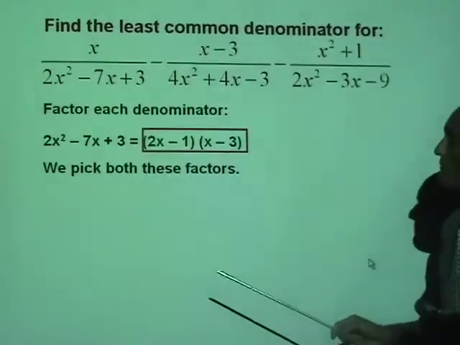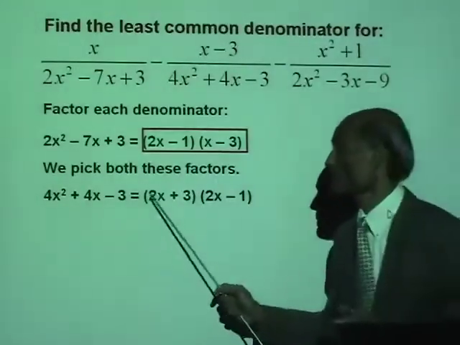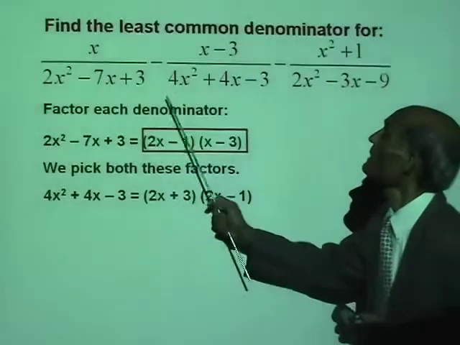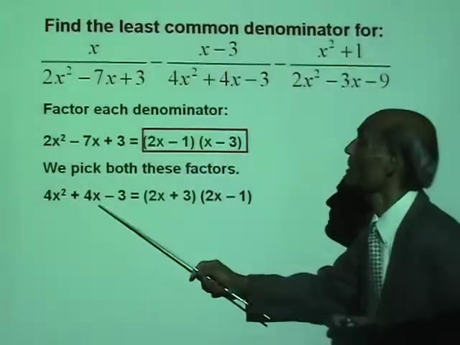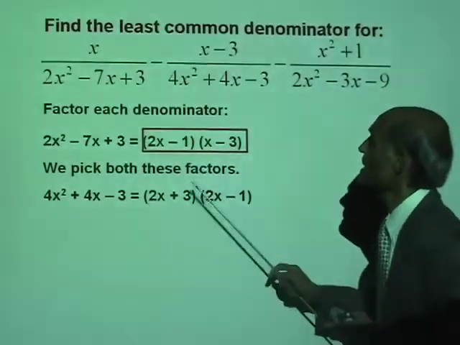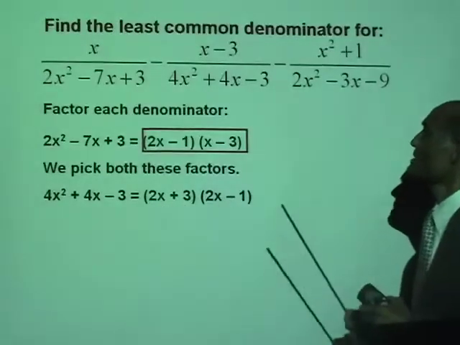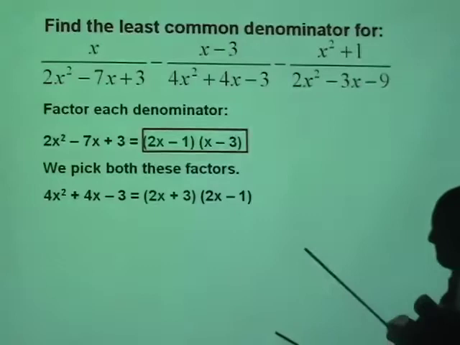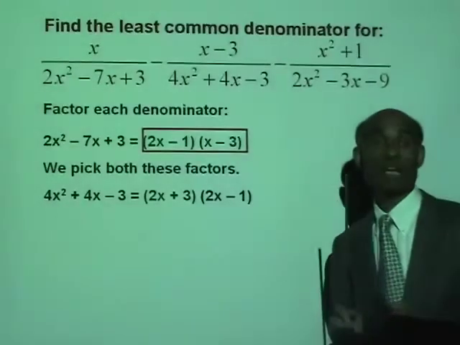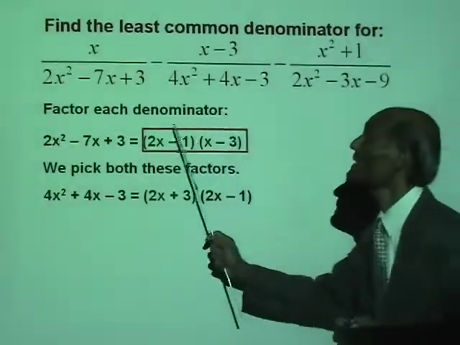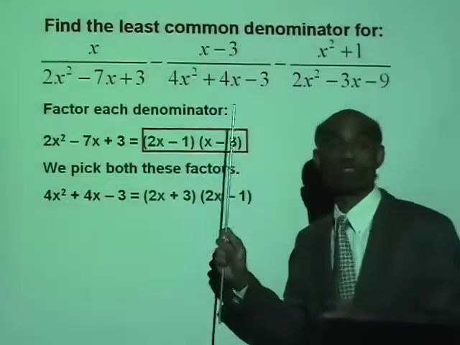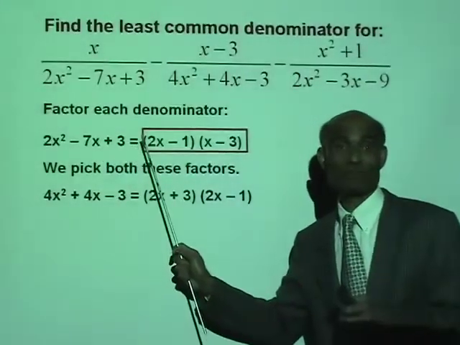Alright. So the second denominator, 4x squared plus 4x minus 3, is 2x plus 3 times 2x minus 1. Now, in picking the LCD, you can see I started by picking all the factors of the first denominator.